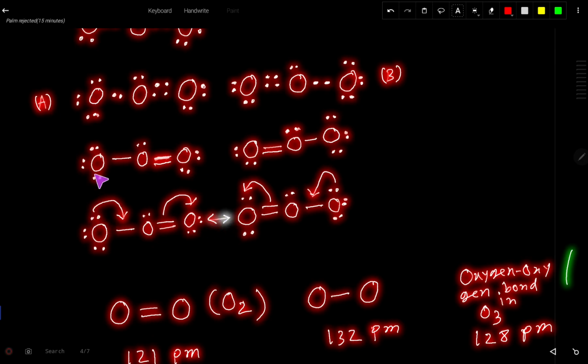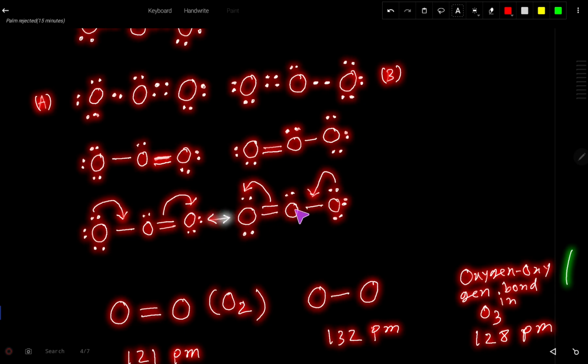Look here, in resonance structures the position of atoms remains the same, but one pair of electrons moves over the molecule. This one pair can come here and make a bond here, and to satisfy the octet, one lone pair will move to the oxygen here, right?